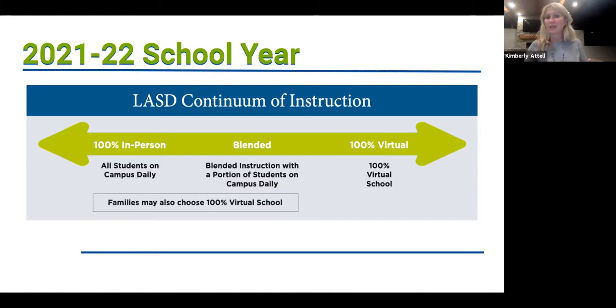If this is something that families are not comfortable with, they can choose to have virtual teachers, completely virtual school. We actually created a separate virtual school, and we had cut points throughout the year where families can opt into that. We really want to give families choice and be in a partnership with our families.